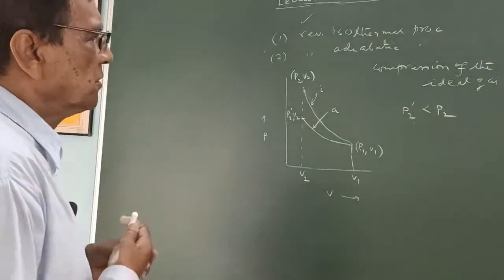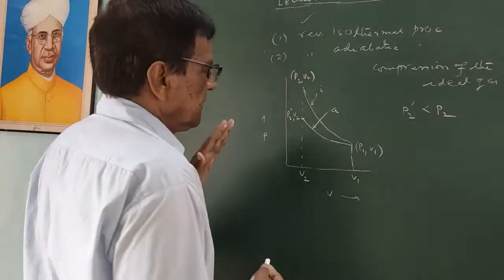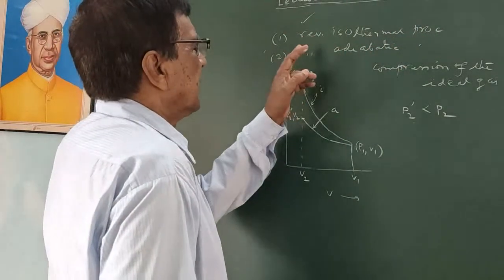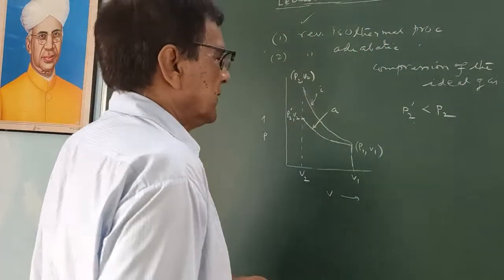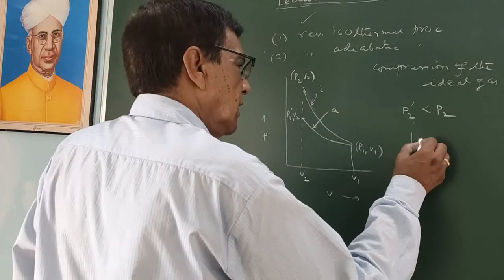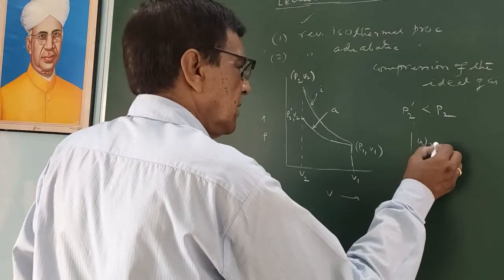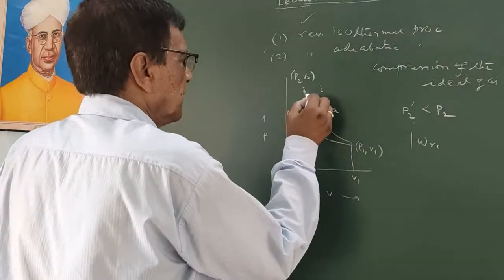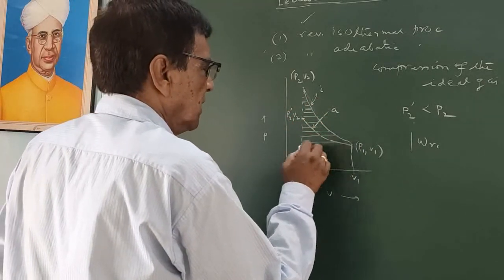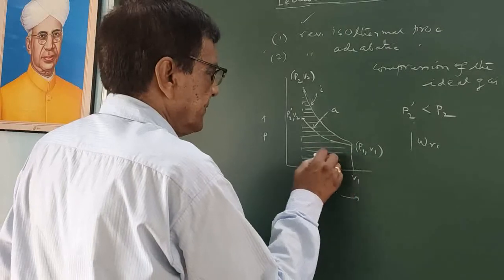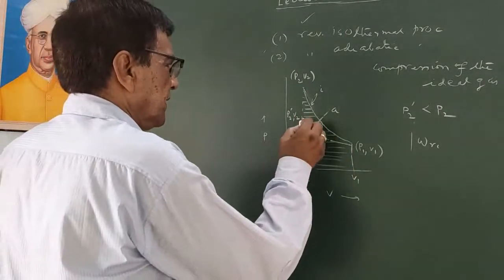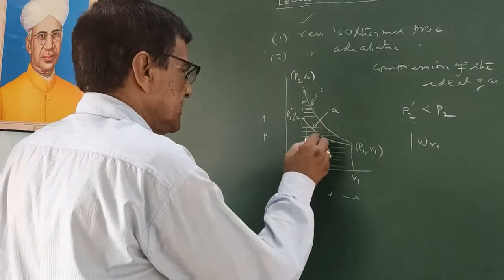If we compare the reversible isothermal work done and the reversible adiabatic work done, then when we are considering the isothermal, this is the area under this isothermal curve, and for the adiabatic process, this is the curve.